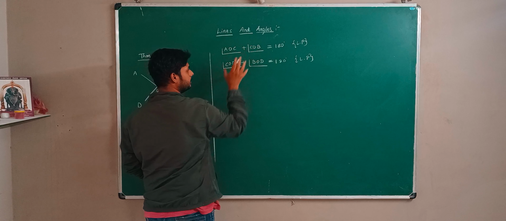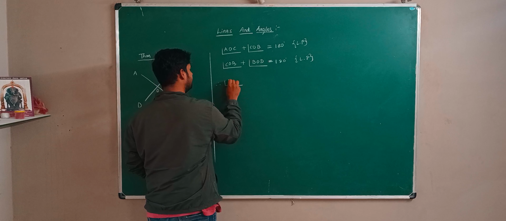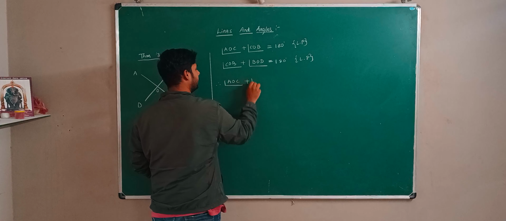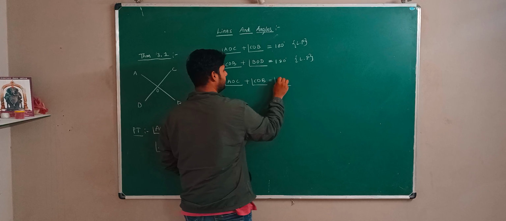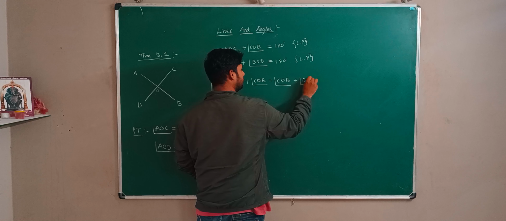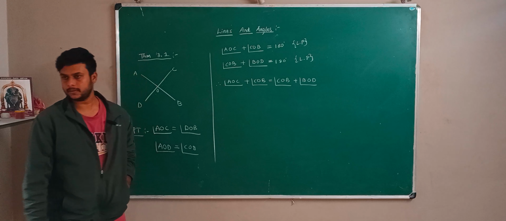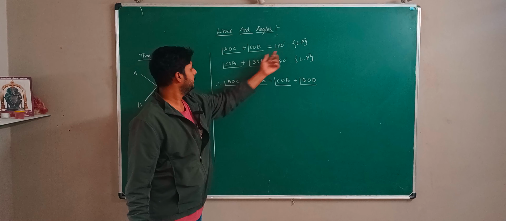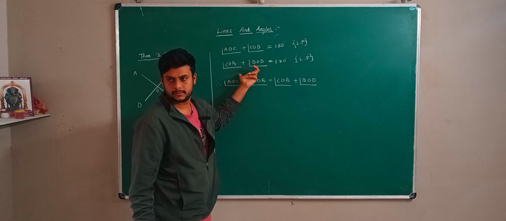Can I say this is equal to this? So therefore, angle AOC plus angle COB is equal to angle COB plus angle BOD. Yes or no? This is equal to 180 degrees, this is equal to 180 degrees, so this is equal to this.